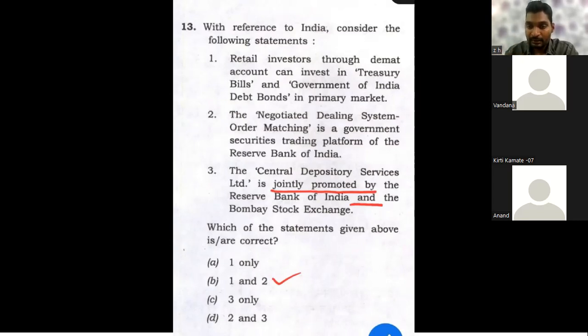If 2 organizations are jointly implementing, jointly executing, jointly promoting something, then that is more probably a wrong statement, which is what we see in statement 3: it is jointly promoted by RBI and Bombay Stock Exchange. But in statement 1, no such thing is happening.